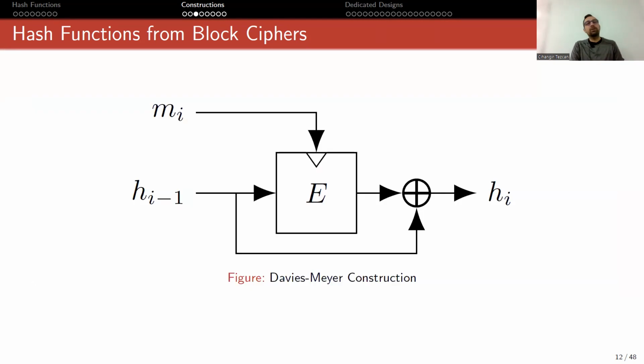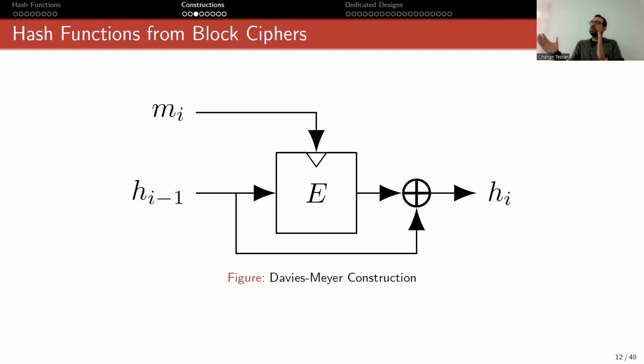So let's look at all of them, but instead of defining them with algorithms, let's explain them with a picture. You have the encryption algorithm, for instance, assume that it is AES-128. So I'm using a block cipher of 128 bits and a secret key of 128 bits. I want to hash something, okay?